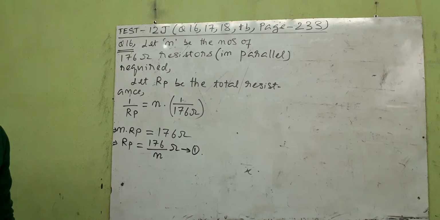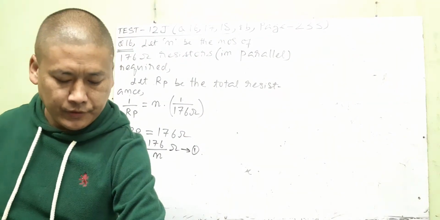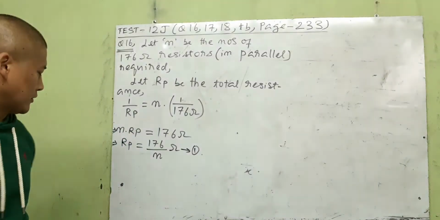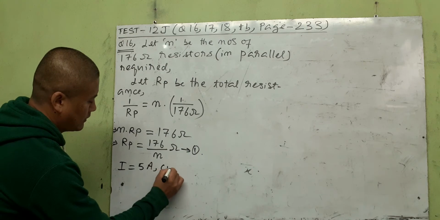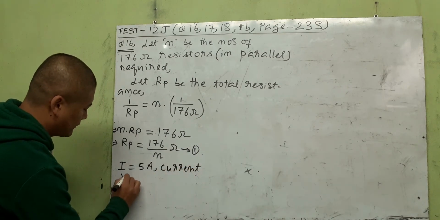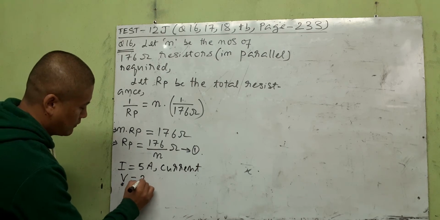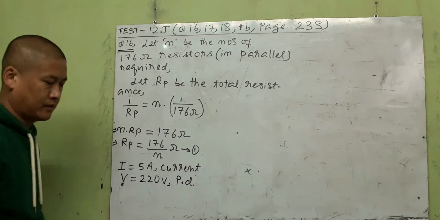Okay. Now as we read the question further, we see current is 5 ampere and voltage is 220 volts. So I is the current, 5 ampere, as given in the question. And volt means potential difference, so V equal to 220 volt. This is the potential difference.